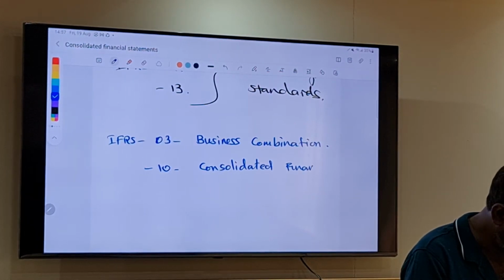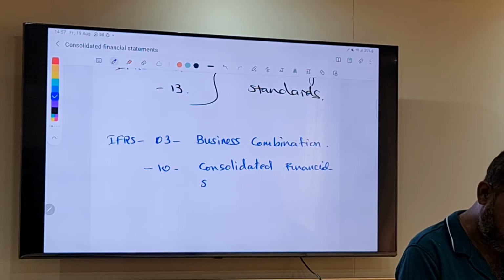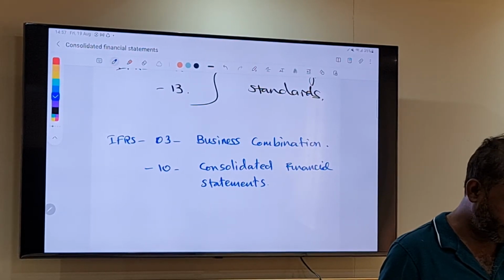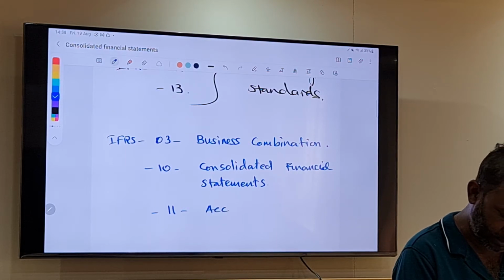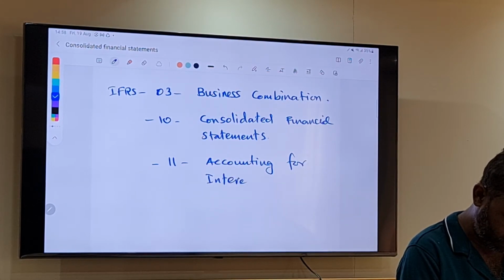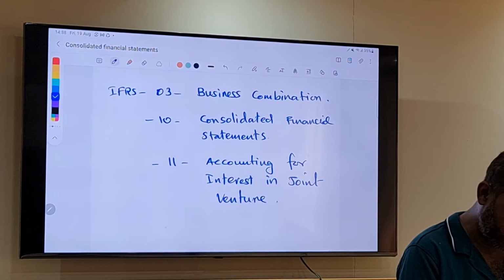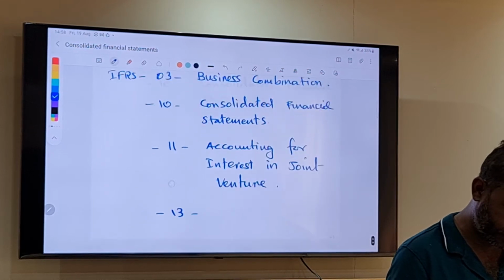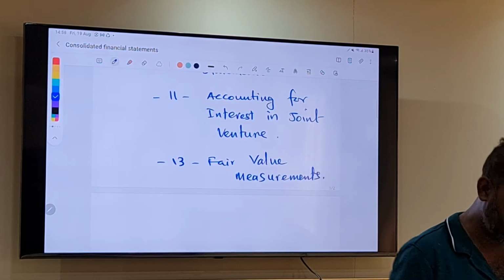consolidated financial statements, and IFRS 11, and IFRS 13, fair value measurements.